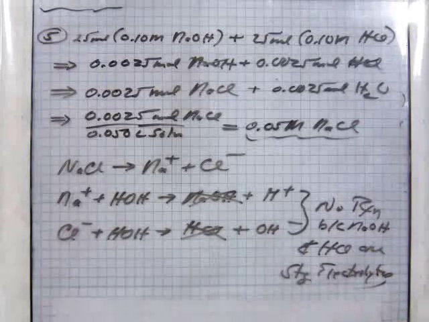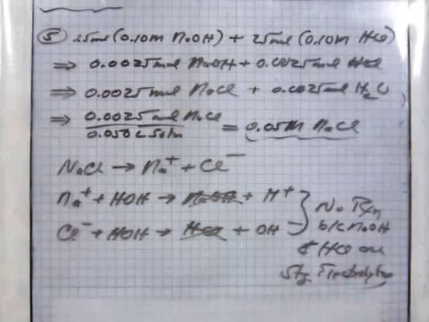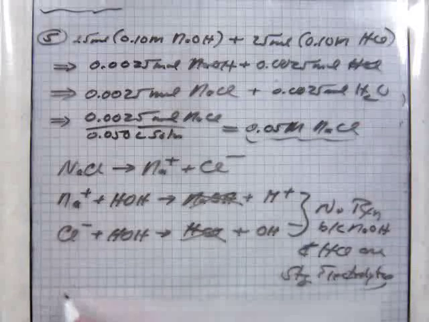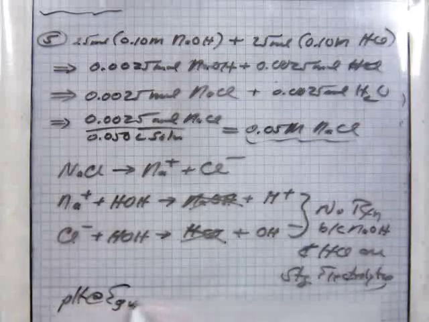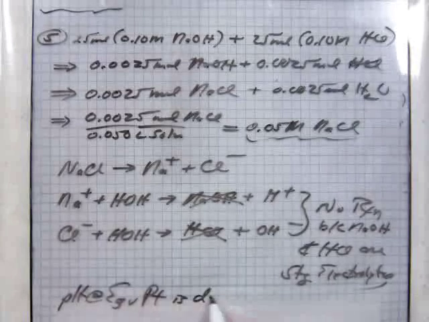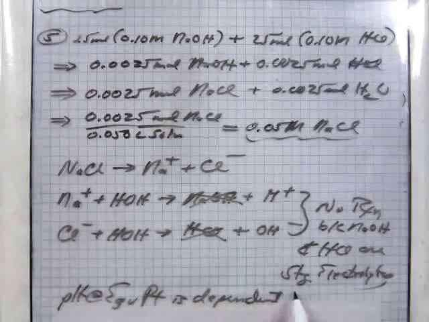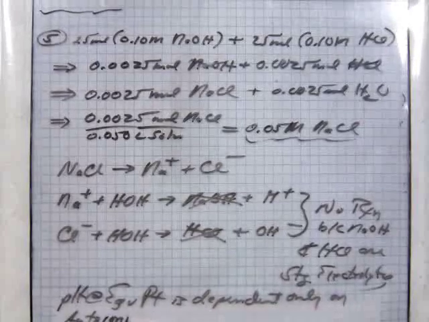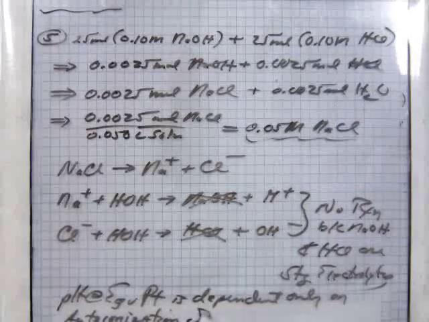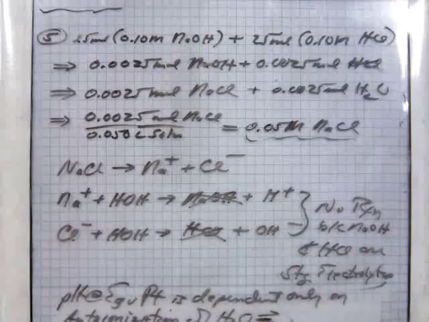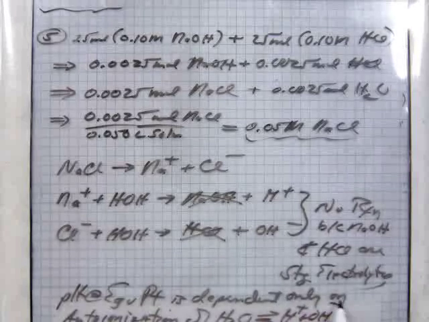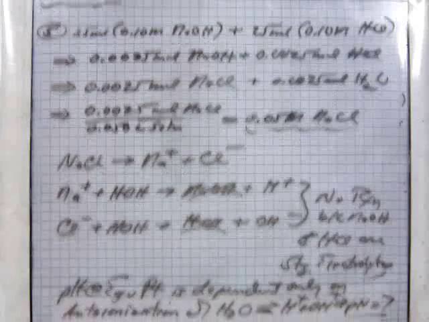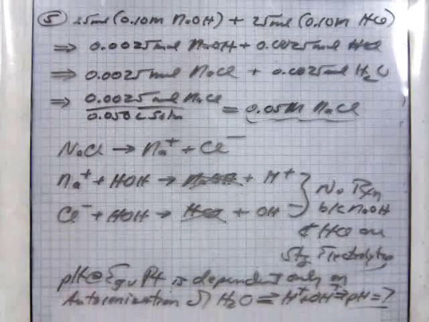So that's the reason you're now at pH of 7. The pH at the equivalence point is dependent only on the autoionization of water. So you wind up with a pH equal to 7 at the equivalence point.